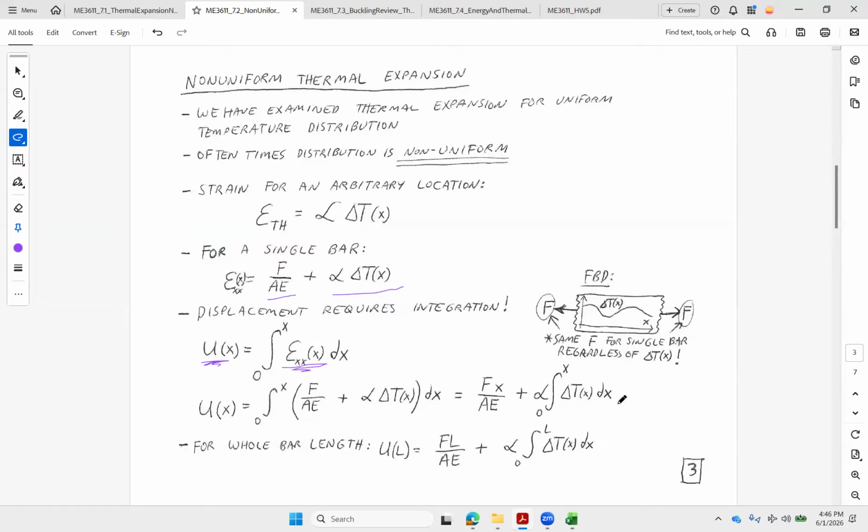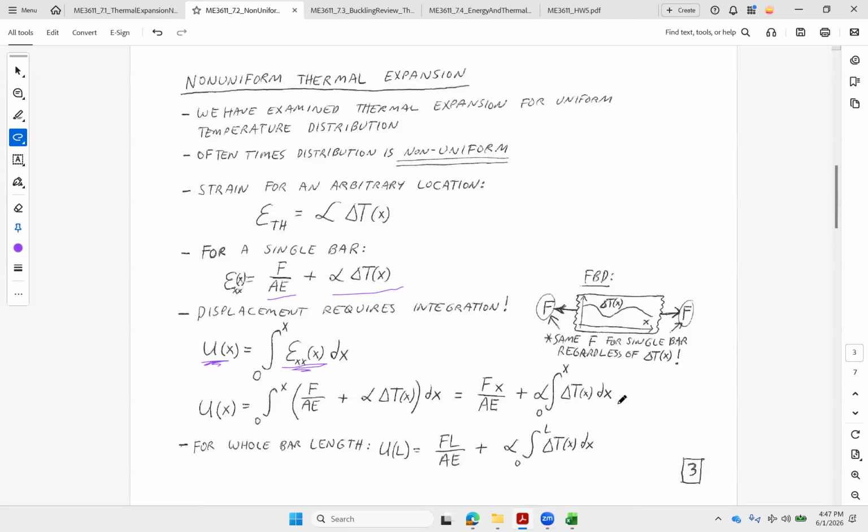All right, so alpha can still come out. F over AE should be a constant along the bar. Force is a constant. We still get FL over AE, but now we've got alpha times the integral of delta T dx over the length of the bar. Even if we have a delta T that varies all down the length of the bar, the ends are still where our force is applied to the bar.